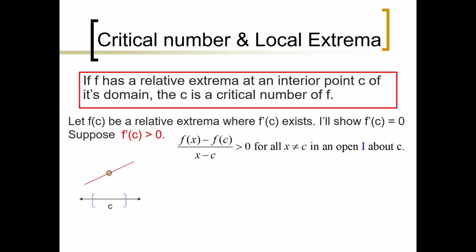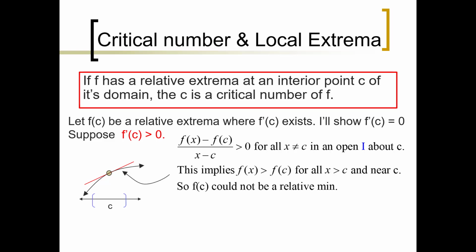I don't know what it is, but it has to be positive for all numbers near c in some open interval about c. Or the limit could never be positive. It'd have to be something else. But that implies, though, if you focus only on x values that are more than c in that interval, that x minus c would be positive.